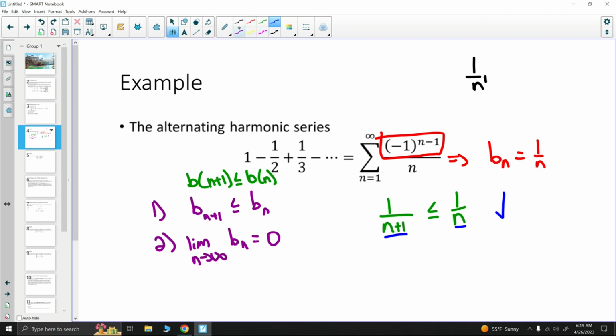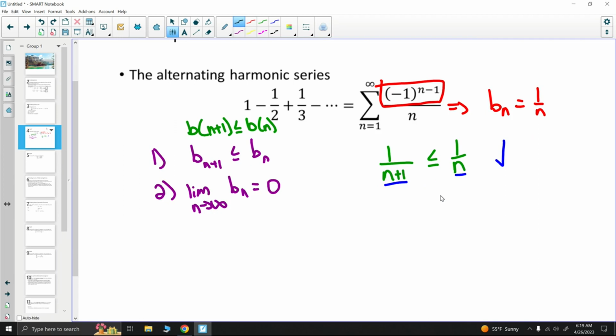Now, another option is kind of a fallback if we need to show this thing. Another option is to think about, when is our sequence b sub n, or let's talk in terms of b of n, when is this thing decreasing? Now, a decreasing function has a negative slope.